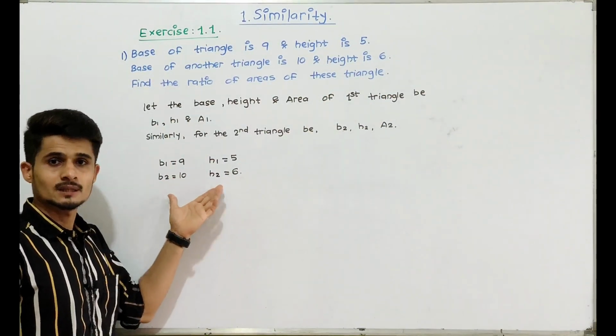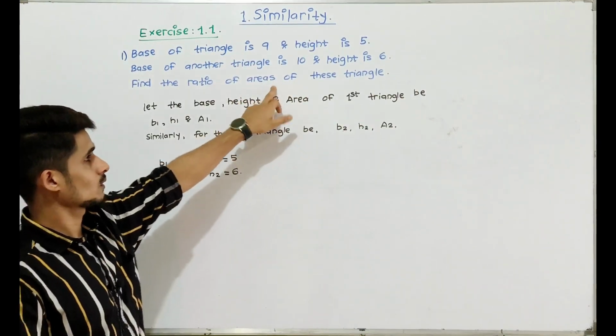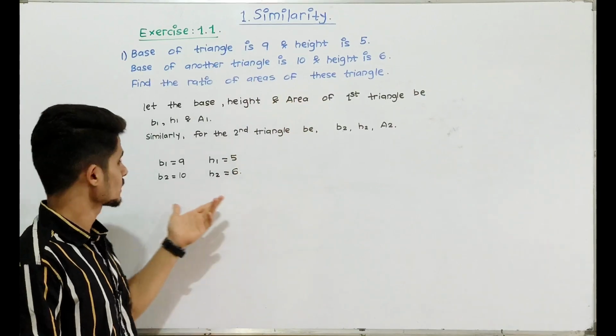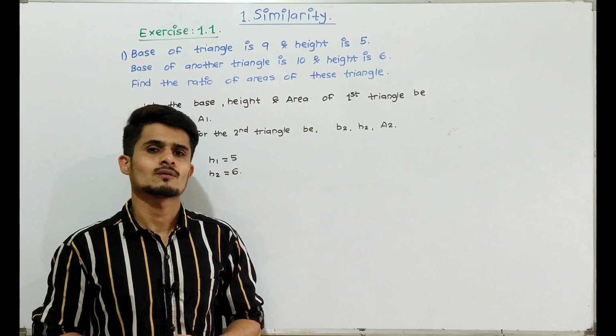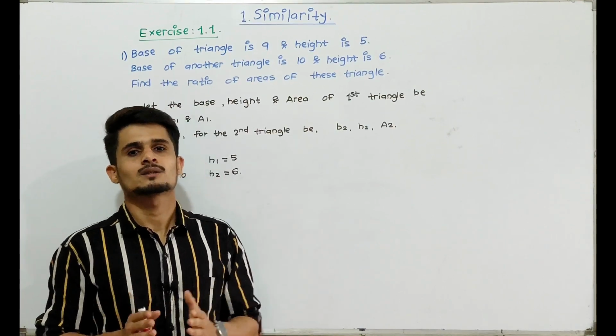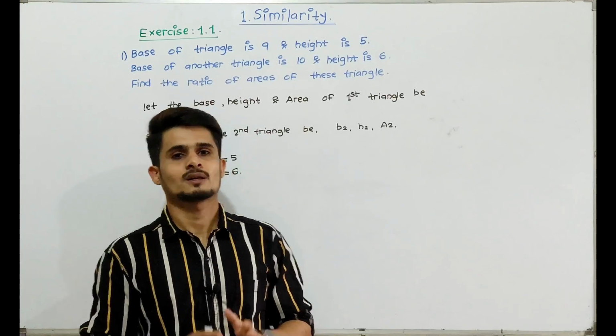After this it is important to write the statement, that we are going to solve it using the first property. The statement is: the ratio of areas of two triangles is equal to the ratio of the product of their bases and corresponding heights.